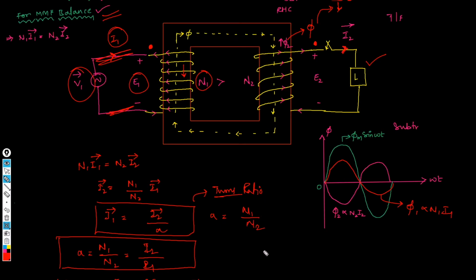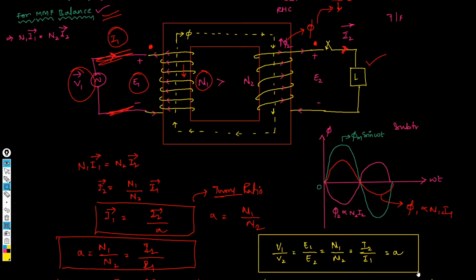The final conclusion we can write is V1 by V2 equals E1 by E2 equals N1 by N2 equals I2 by I1, which is finally equal to A. This is the very important conclusion we need to remember. You can call it turns ratio or transformer ratio depending upon how you are managing the mathematical things.